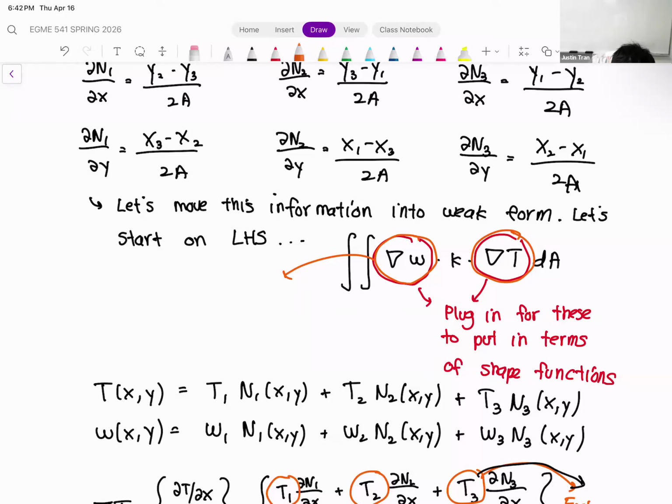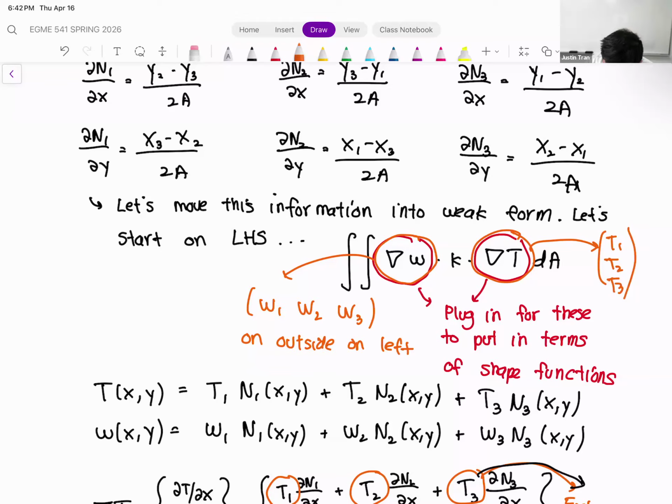So we're going to have W1, W2, W3 on the outside on the left. And for gradient of T, since that's on the right, if we plug in the expression below, our column vector T1, T2, T3, our coefficient vector, is going to be on the outside on the right.